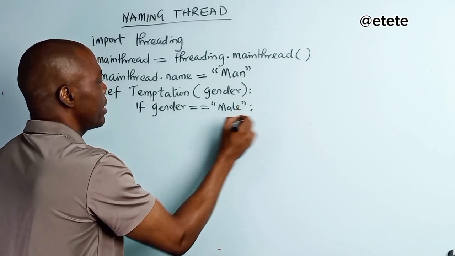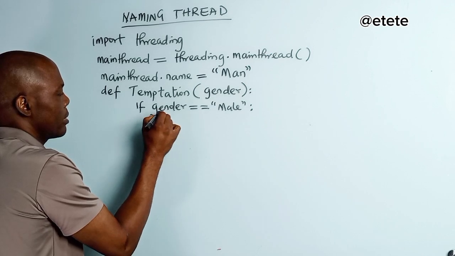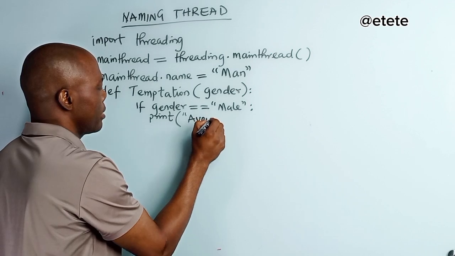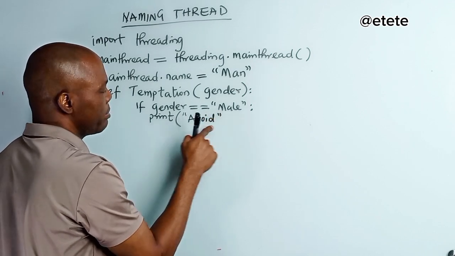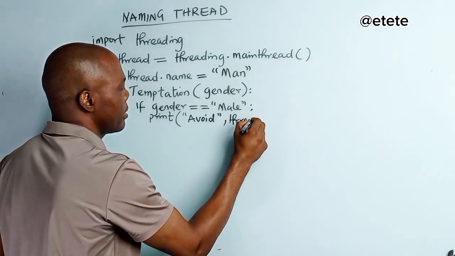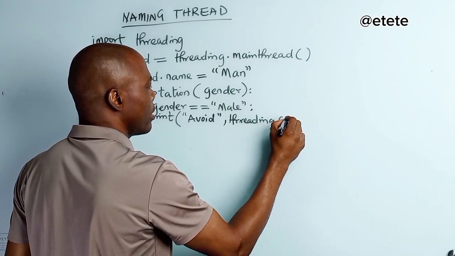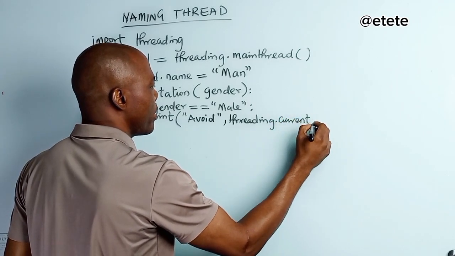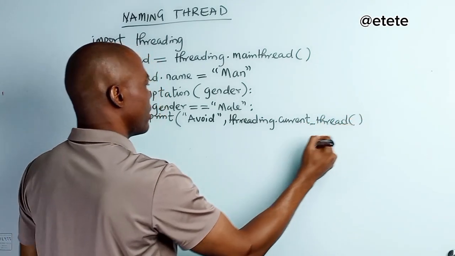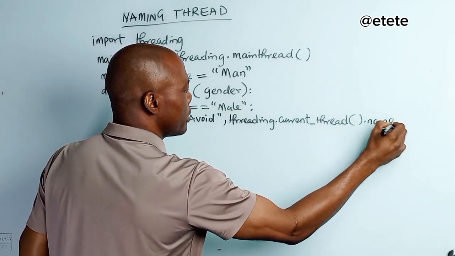If gender equals male, go in and then print avoid, this is my string literal, threading.current_thread.name.